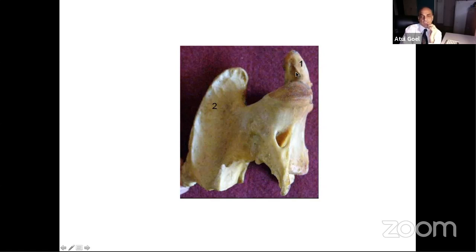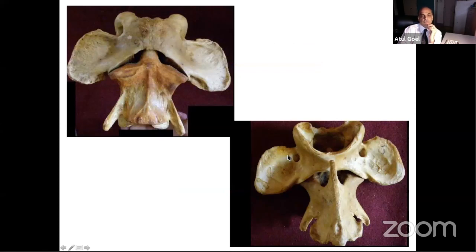Odontoid process is like a peg or a dens, like in human beings. So what I say is, by development, human beings are carnivorous. So this is the fantastic, strong muscles and strong bones of a lion, king lion. And odontoid process is like a peg.